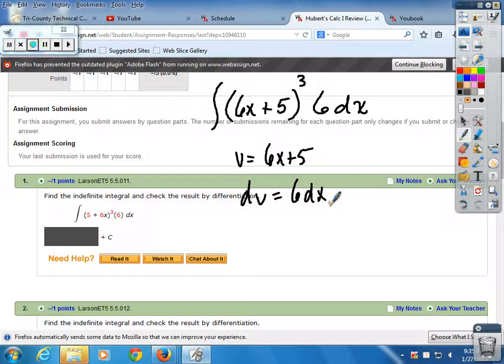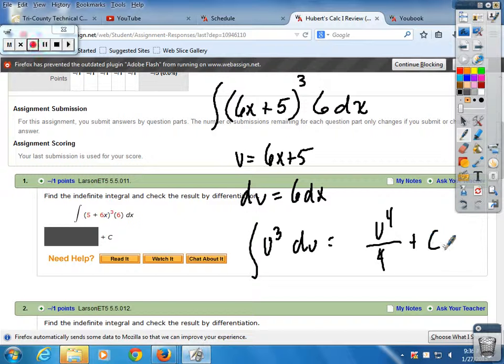So do we have 6 dx? We already have it. So that's the antiderivative of u to the third du, which is equal to u to the fourth over 4 plus c, which is going to be equal to 6x plus 5 raised to the fourth power, 1/4, plus c. Is that what y'all got?